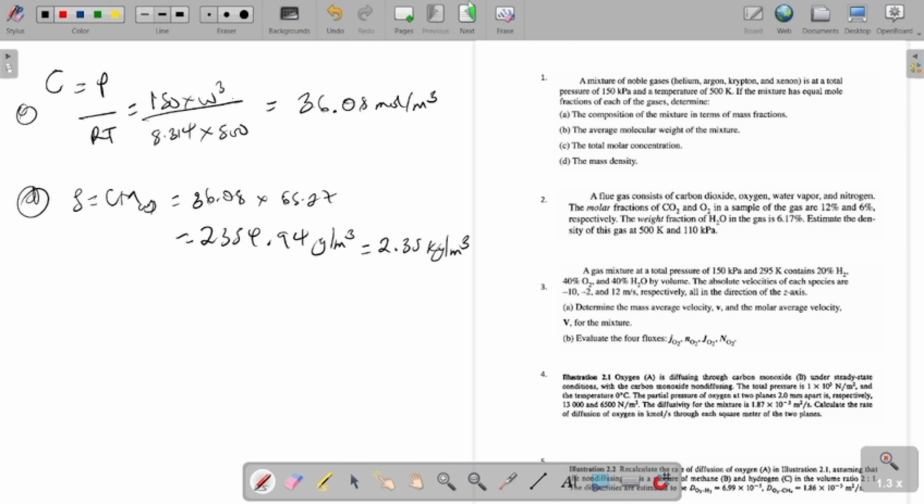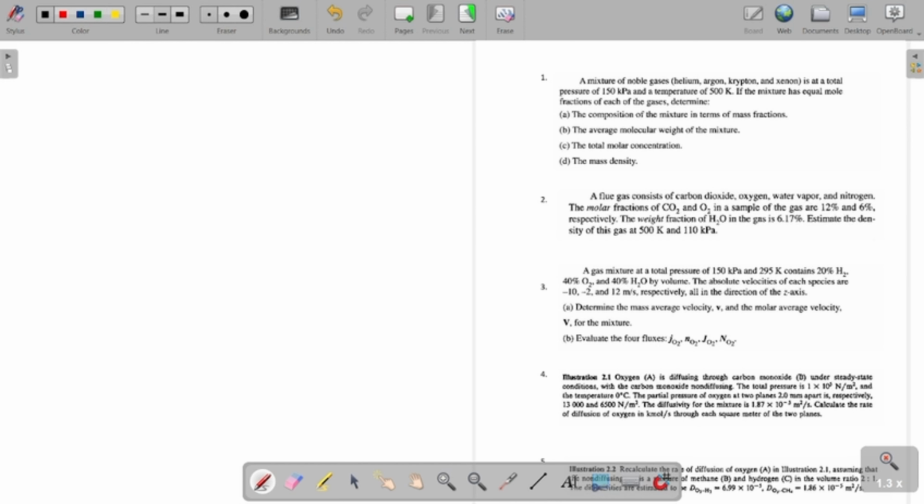Let's see the second question, which talks about a flue gas consisting of carbon dioxide, oxygen, water vapor, and nitrogen. They give us the molar fraction of CO2 and O2 respectively, and the weight fraction of water was given as 6 percent. So although we have one gas, there are different constituents.